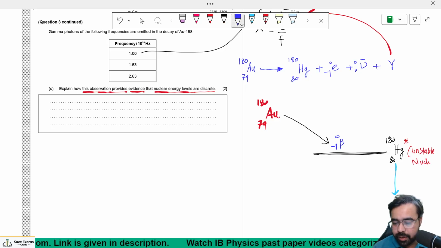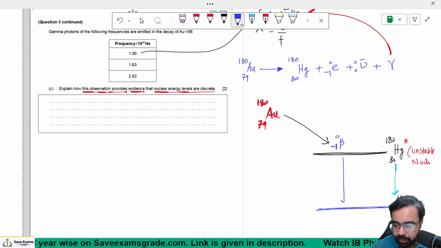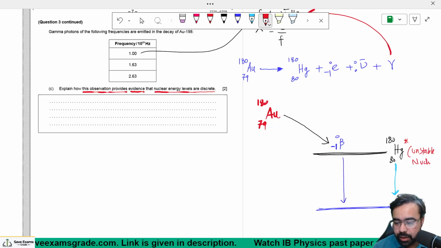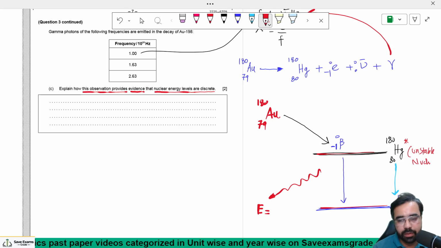So if it is releasing just one gamma, then this mercury nucleus will finally be in a stable state, right? It will be in a neutral state. But during this transition from one energy level to another energy level, a gamma photon is released. And what is the energy of that gamma photon according to Planck's equation?